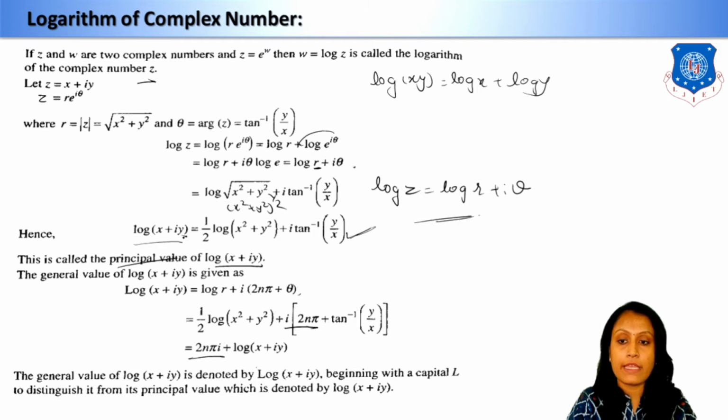This is what log x plus iy. So we can write capital log of x plus iy as 2 n pi i plus log x plus iy. Now the general value of this log x plus iy we will denote by this capital L, and the principal value we will denote by this small l.